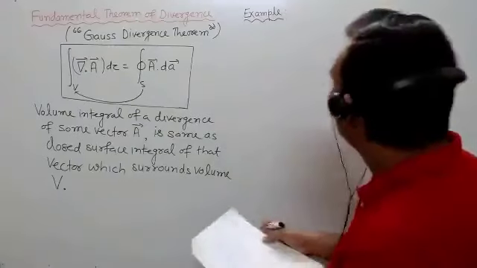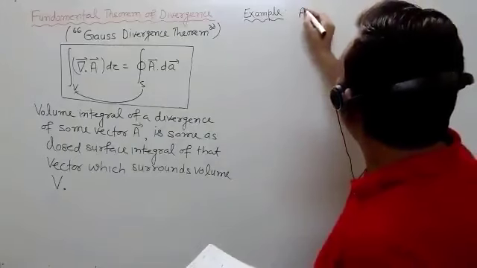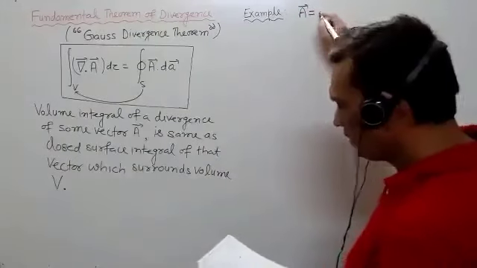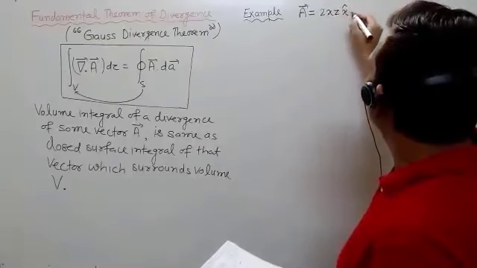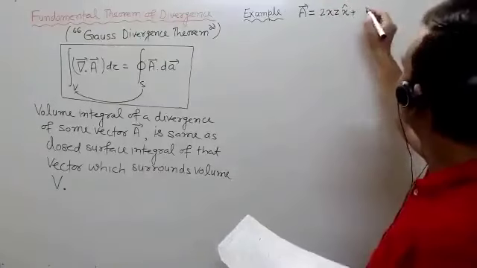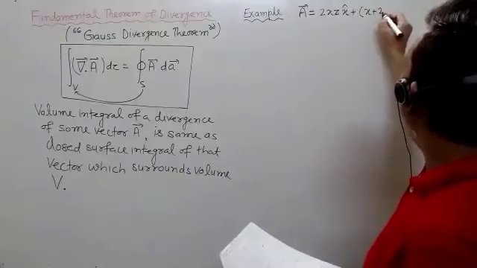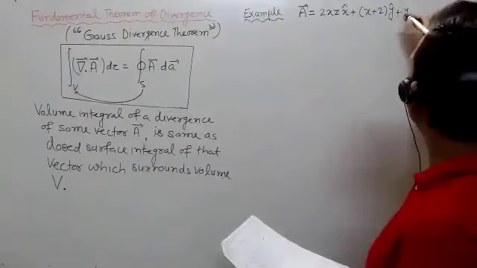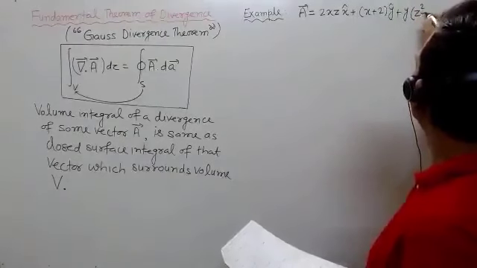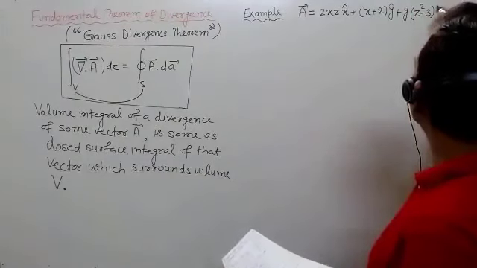So let us take this vector A is given as twice x z x cap plus x plus 2 y cap plus y z square minus 3 z cap.